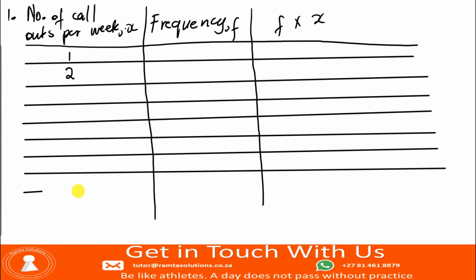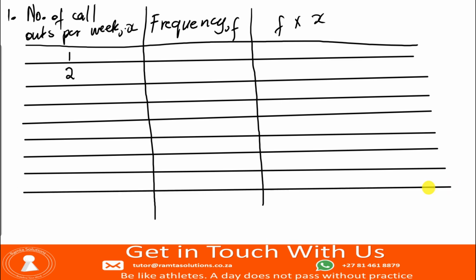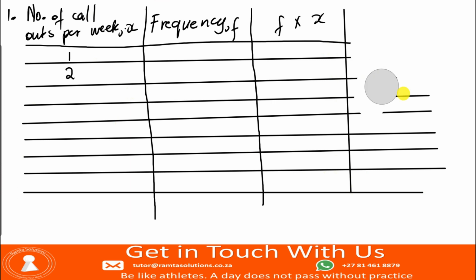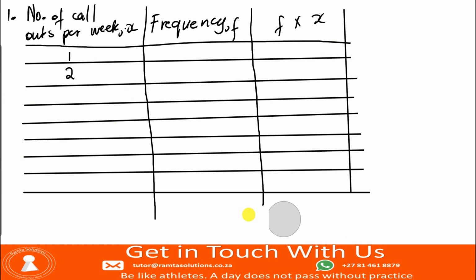And maybe also a row of totals. Just neatly tidying this table. So we have number of callouts 1, 2, 3, 4, 5, 6, 7, and then total.